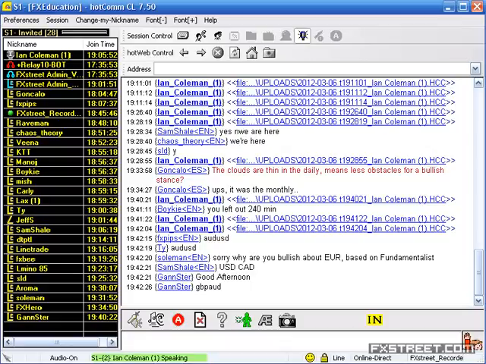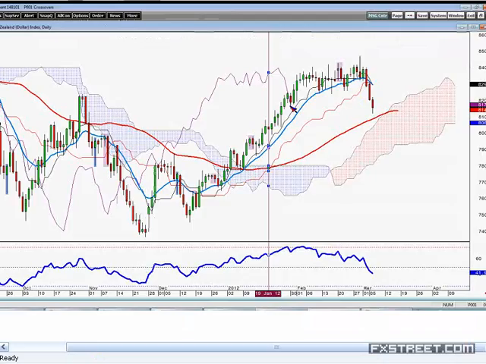I don't look at fundamentals, Solomon. I only ever look at technicals. I'm aware of fundamentals. I have trader talk on, and I listen to what's going on, but I don't trade the news.